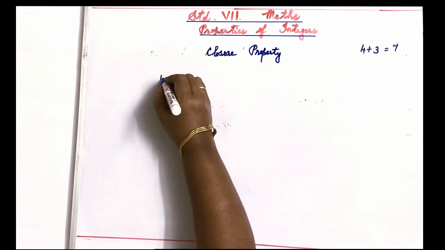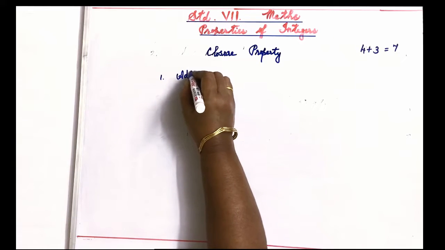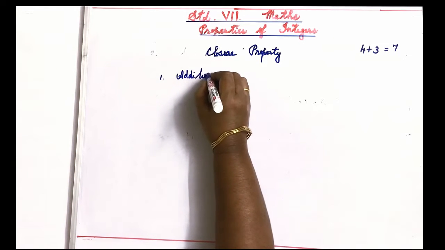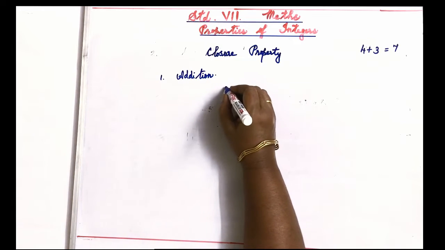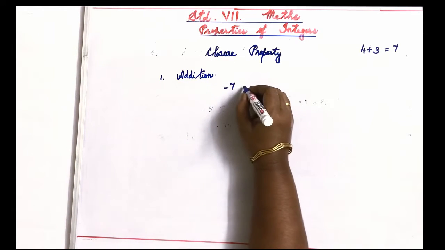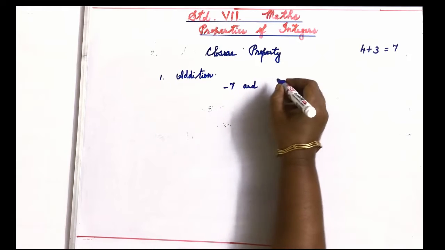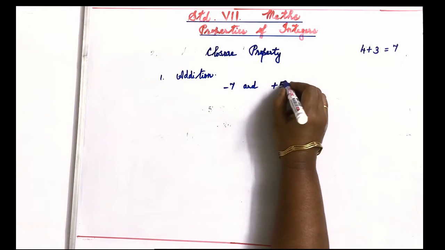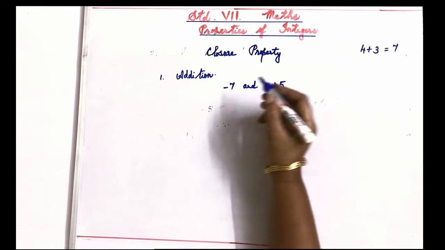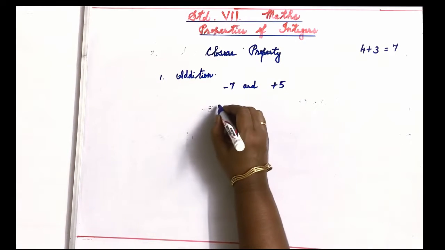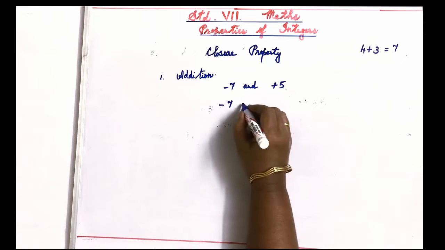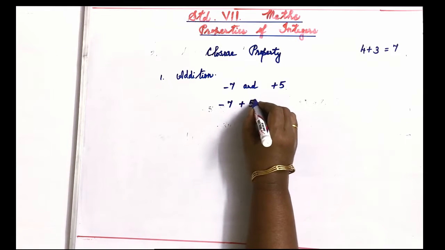First we are going to check for addition. Take any two integers, minus 7 and plus 5. Minus 7 is a negative integer, plus 5 is a positive integer. Now we are going to add these two. So minus 7 plus 5.